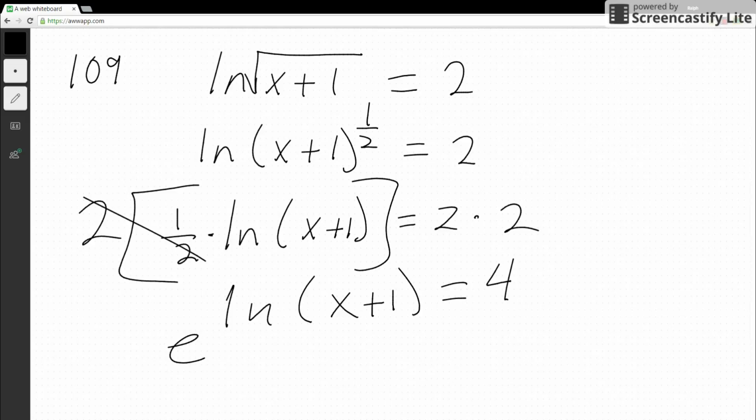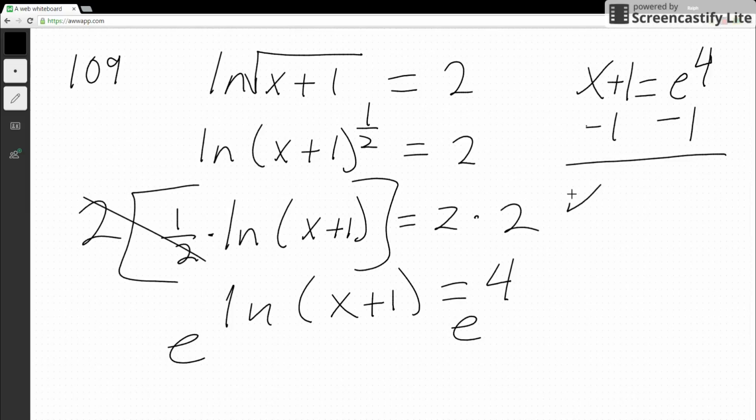Now I raise everything to a base with the base of e. I can squeeze it over here, so now I get x plus 1 equals e to the 4th. Subtract a 1 from both sides, and it's e to the 4th minus 1.